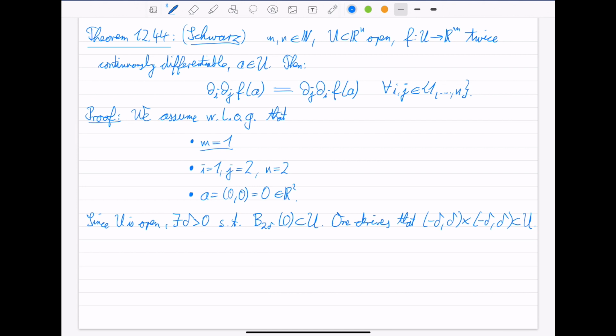It's an open set which looks like the inside of a square, which is part of U.